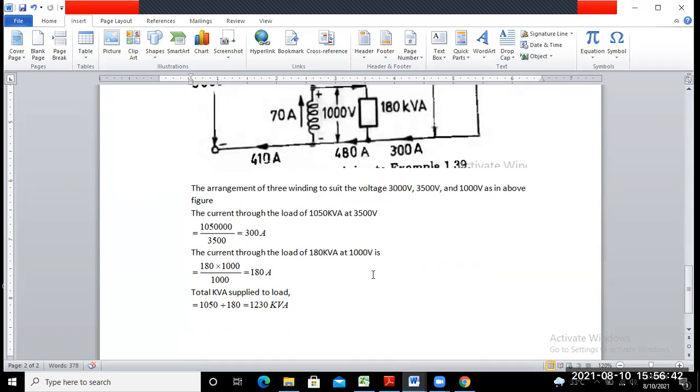So how much is the total current drawn from the supply?